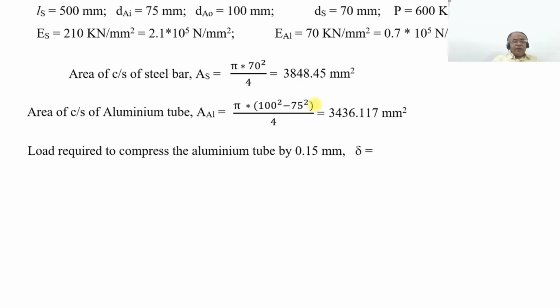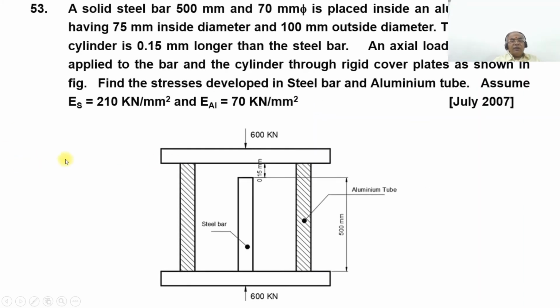So what is the load required to compress the aluminium tube by 0.15 mm? Initially I need to calculate the load required to compress this by 0.15 mm, so that the rigid plate comes in contact with the steel also.